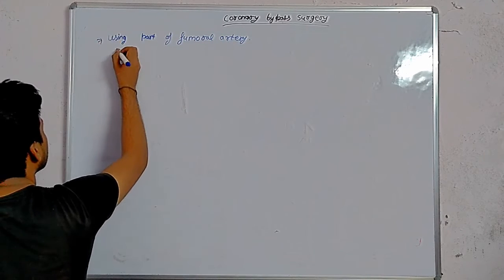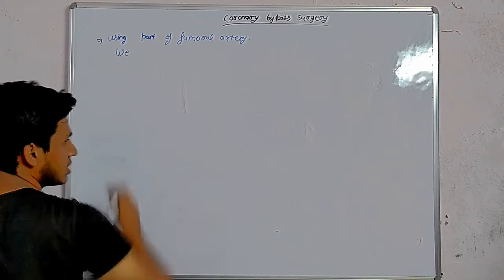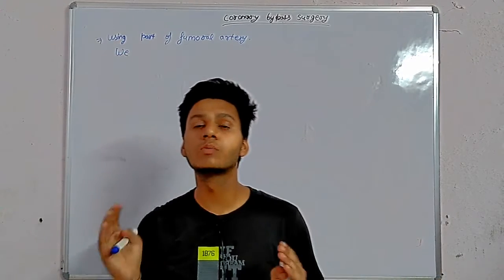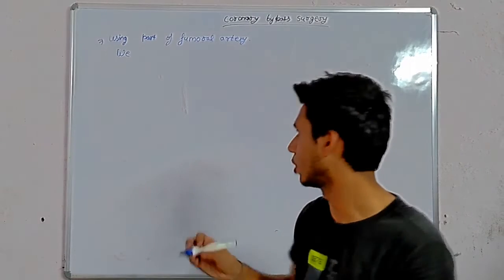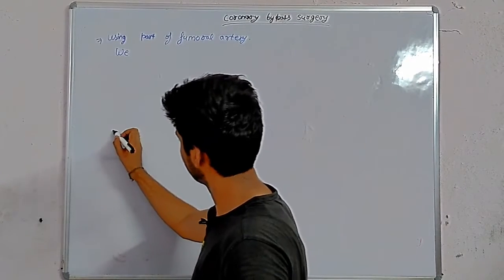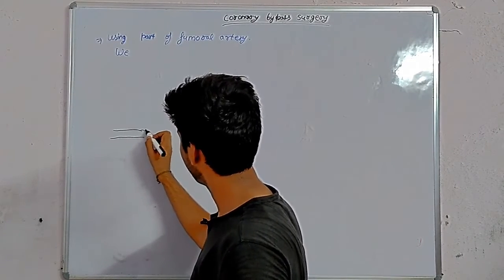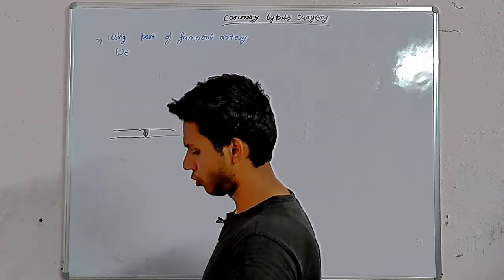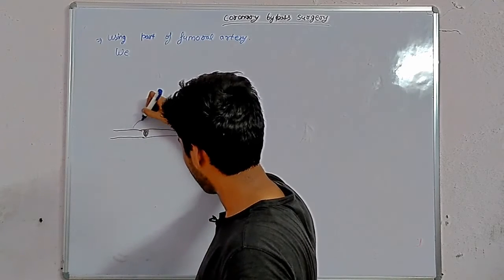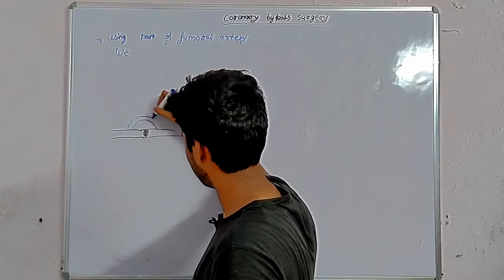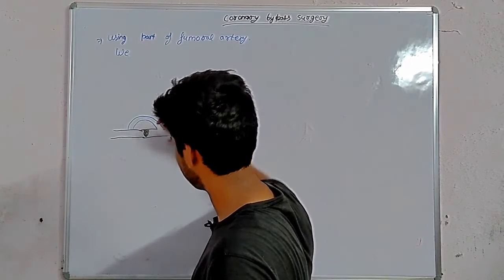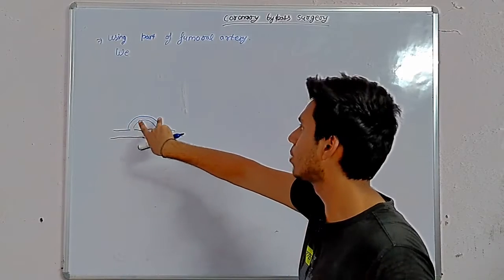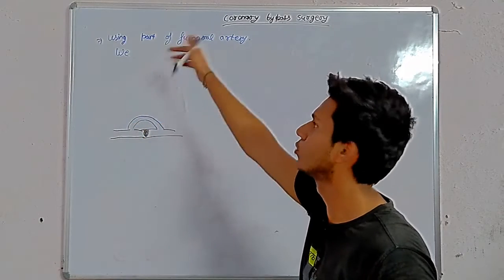Bypass means we just cross the blocked part of the artery. We avoid the blocked part and connect the arteries together. Let's say this is the artery, and here is the blockage. We bypass it through this path, so we need this part of the artery, and for this we use the femoral artery.